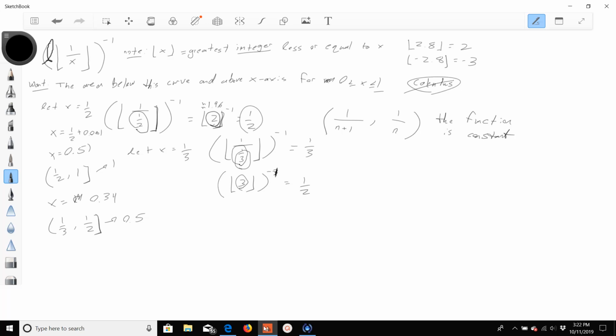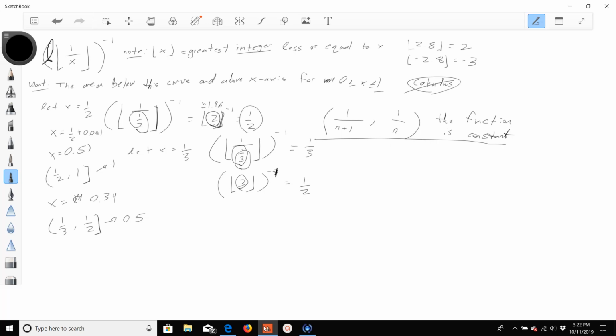Right? And we saw that. I used my inclusive and exclusive stuff to make things a little bit more specific, but anywhere along this interval, the function's constant. So basically, we can sum up all those different rectangles along the nth interval from 1 to infinity, and we're going to get an answer.